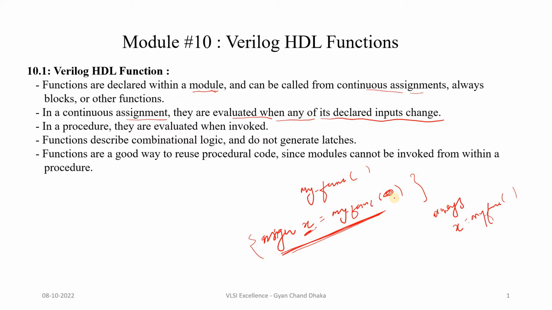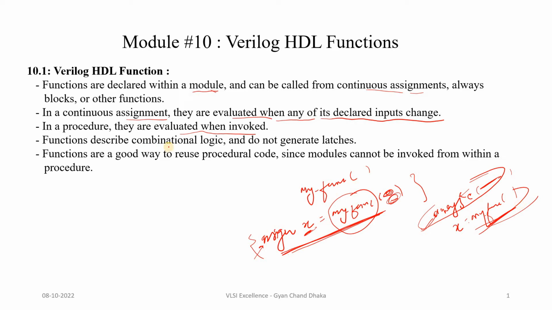So whenever the input arguments of these functions change, this statement will get executed. That means this function will be called. In a procedural block, they are evaluated whenever invoked. So when the functions are called from a procedural block, these functions will be called whenever this block is going to execute. That means whenever there is a change in the sensitivity list of this particular block, this always block is going to execute and then the functions will be called.